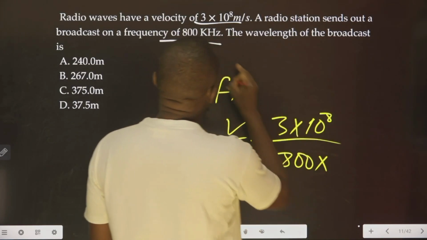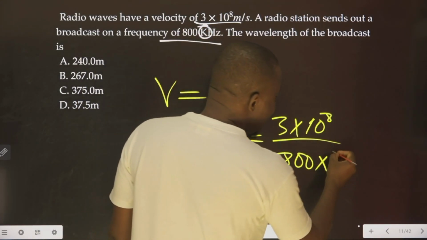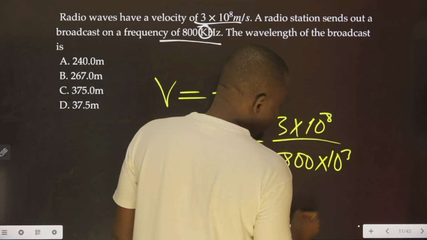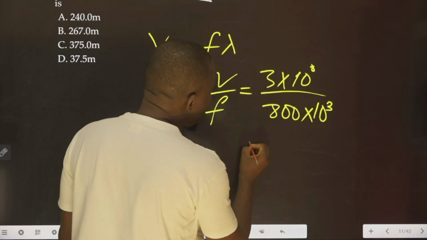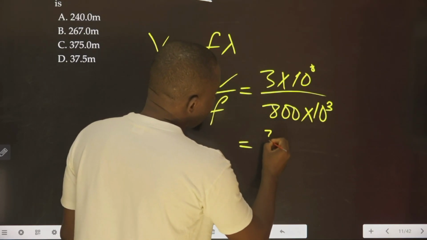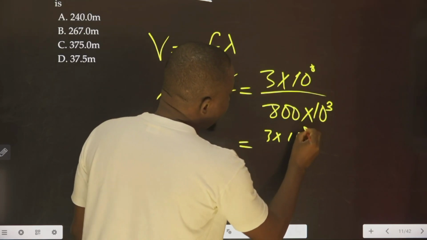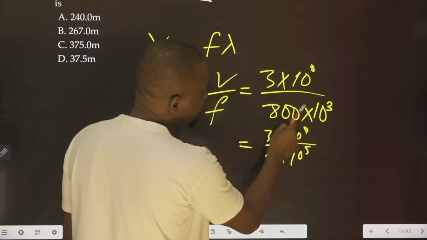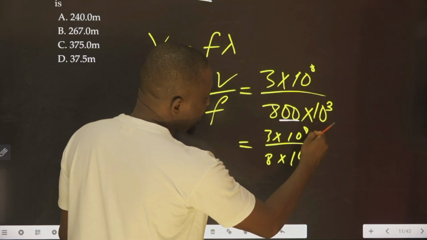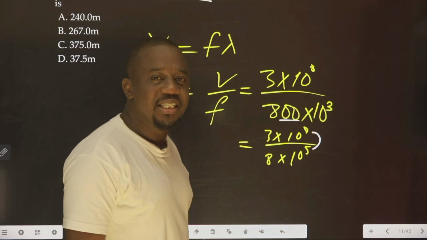What is the meaning of K here? It means 10 raised to the power 3. Okay? Now you are good to go. So what we need to do now is simply do 3 times 10 raised to the power 8 over 8 times 10 raised to the power 5, because this 0 makes 5 here. You subtract the powers and have 10 raised to the power 3.